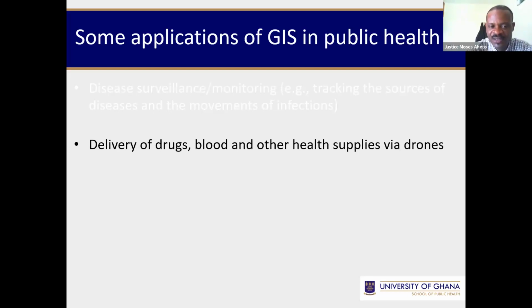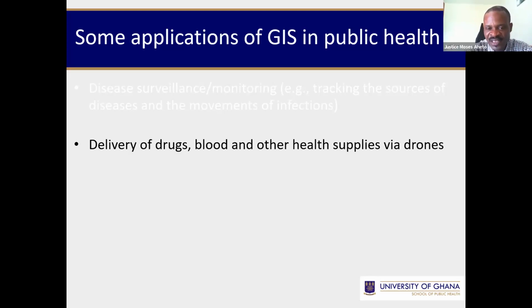Also, delivery of drugs, blood, and other health supplies through drones. Okay, so with the geographic information system, drones are actually programmed to supply drugs, blood, and other health supplies to health facilities or to communities. So what it means is that areas that are even hard to reach, based on geographic information system, we are able to use drones to deliver critical health supplies, maybe equipment and other things, to health facilities in those areas.